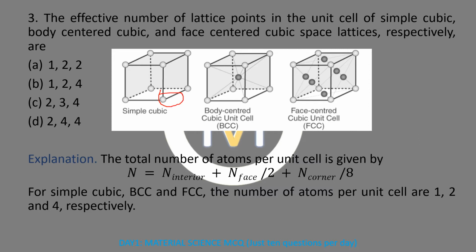So only 1/8 of the part is in this unit cell. So the simple cubic will have only one. Next is the body centered cubic. The 8 corners will make a 1, and the interior one contributes completely to the unit cell. So we have 2 atoms in the body centered cubic.